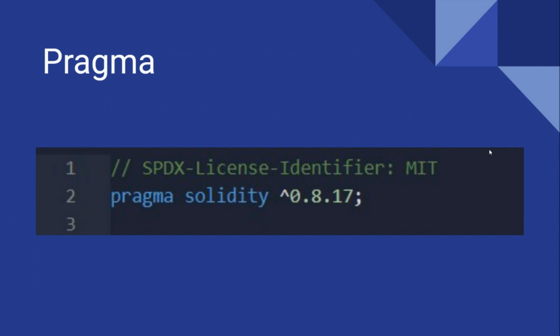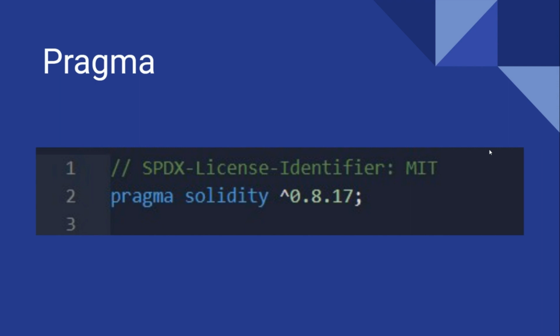Pretty simple, pretty straightforward. Usually what happens is you are able to compile other contracts. Say for example, we're working on a contract that is 0.8.10. In most cases, you're still able to compile it with a 0.8.17 compiler.